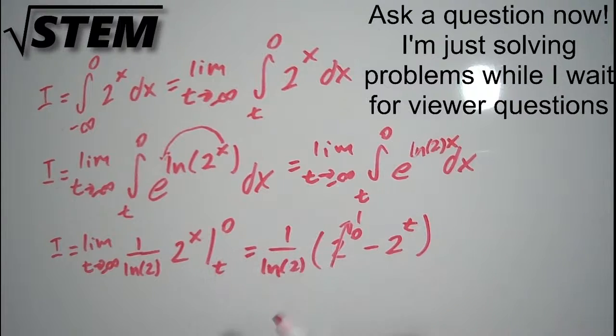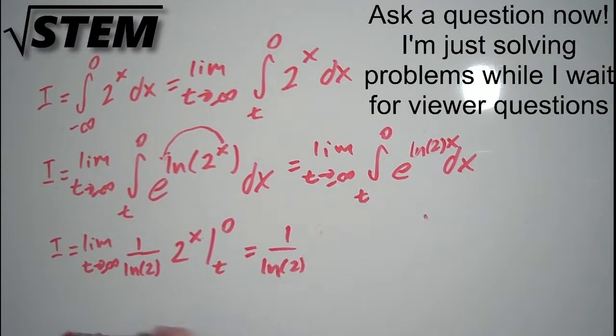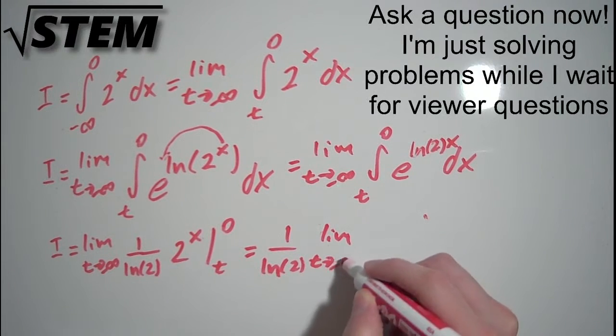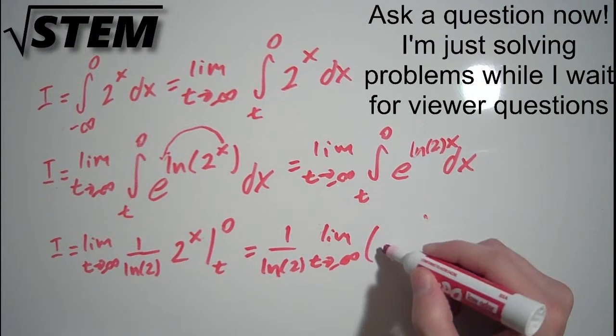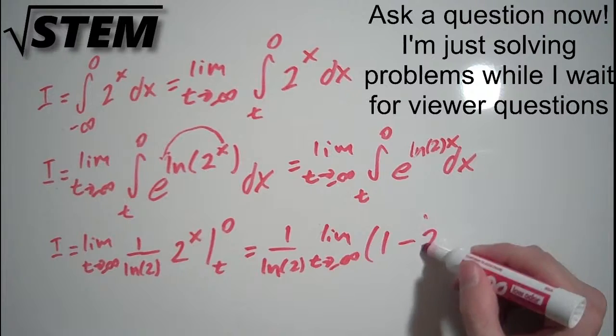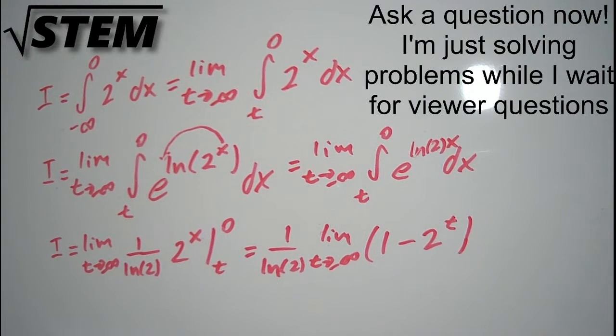Oh, I forgot to rewrite my limit. What is wrong with me? The limit as t goes to negative infinity of, I'm going to go ahead and write 1 minus 2 to the t. Now we can go ahead and evaluate our limit.